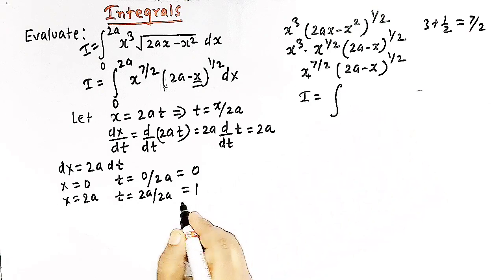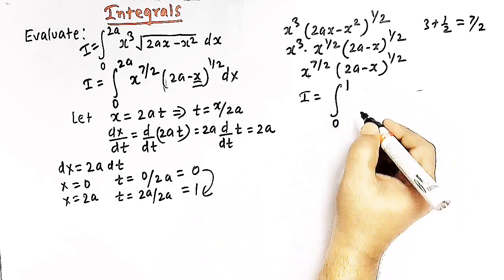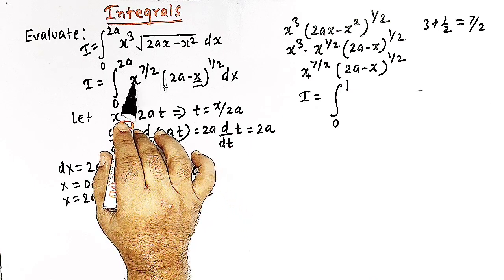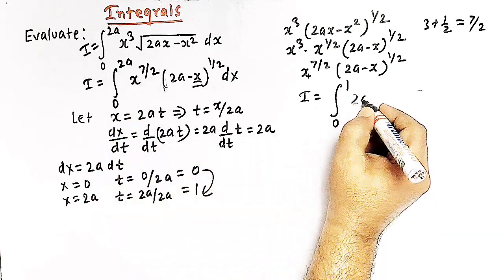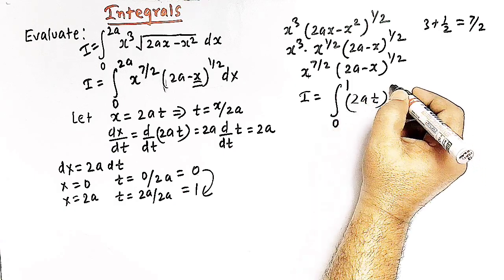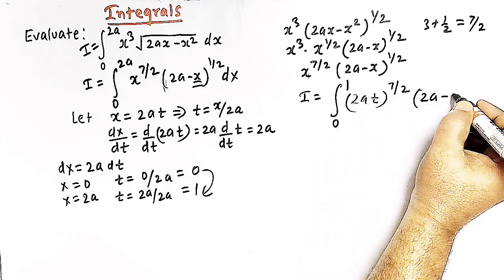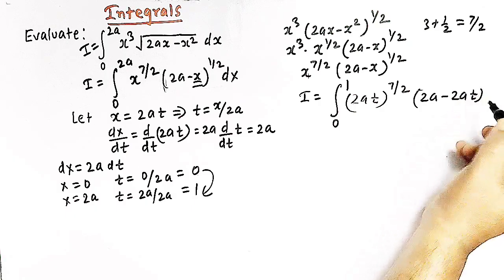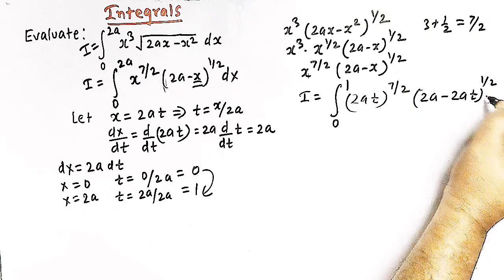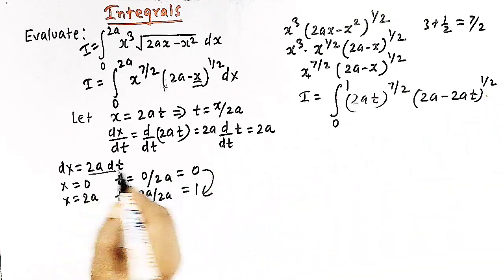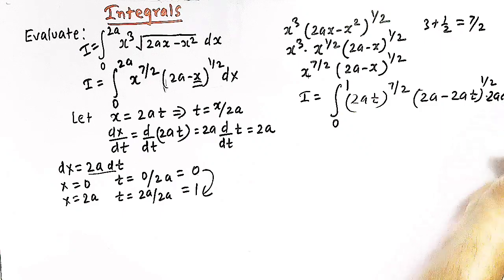So now the limits of integration go from 0 to 1, and here we have x raised to 7 over 2. So x is 2at raised to 7 over 2, and then we have 2a minus 2at, because x is 2at, raised to half, and dx can be replaced by 2a dt.